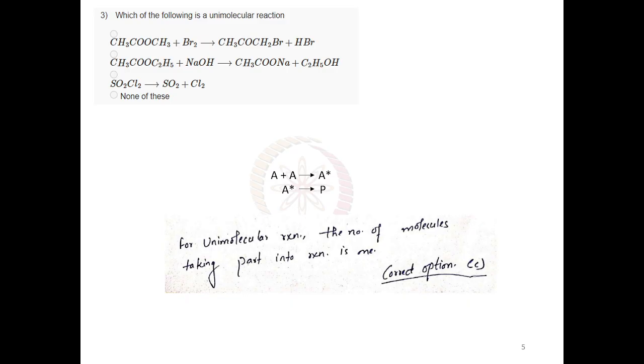So to react, A and A is going to be this A star, then from A star P is coming, right? So this is the only one molecule happening in a unimolecular reaction.